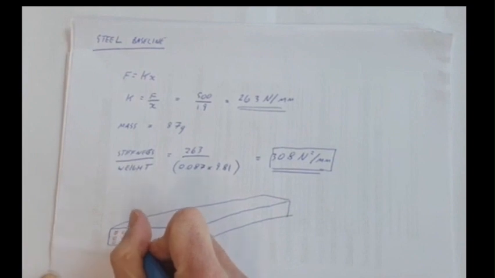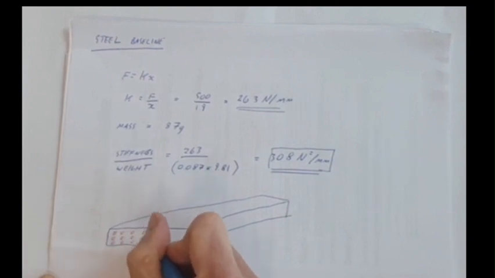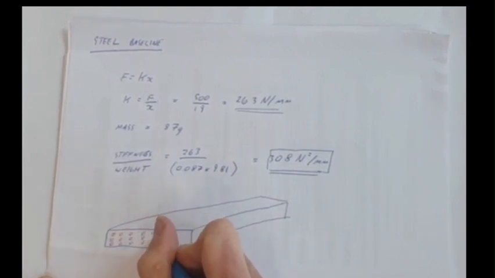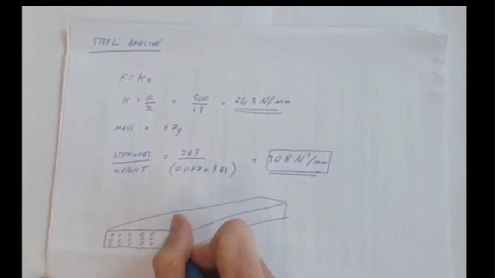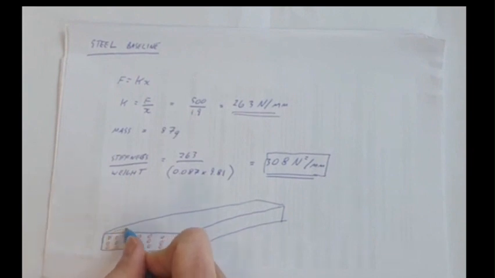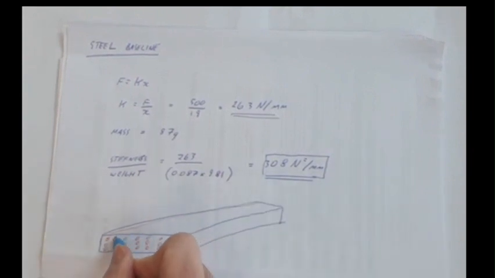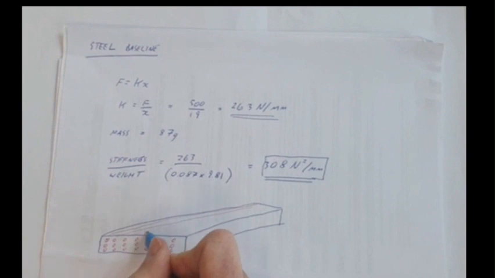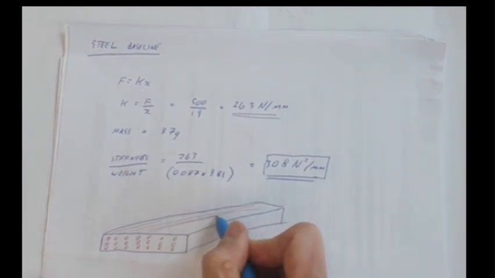So let's say we've got some fibres on here, and it's unidirectional. That means we've got long continuous fibres, and they're all running in the same orientation. So our fibres would run lengthways down our structure, looking something like this. Okay, we've got a unidirectional composite.